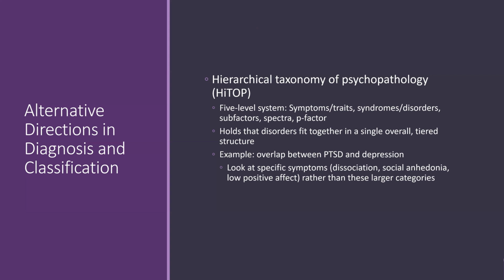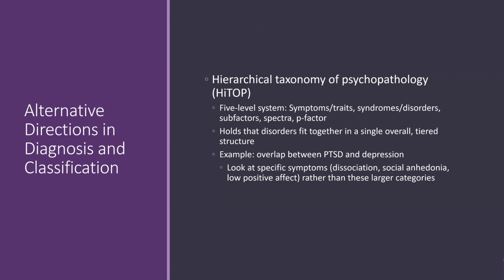An example would be the way the DSM currently categorizes PTSD and depression. They're 2 separate categories. A person could meet both diagnoses, but they likely have specific symptoms that overlap with both, things like dissociation or social anhedonia, which is a reduced drive to socialize, or having low positive affect.